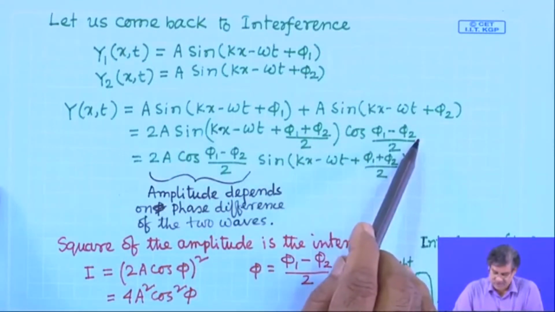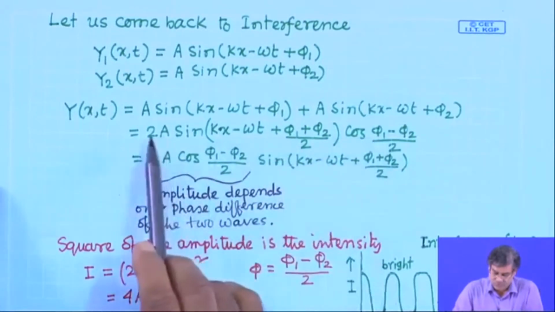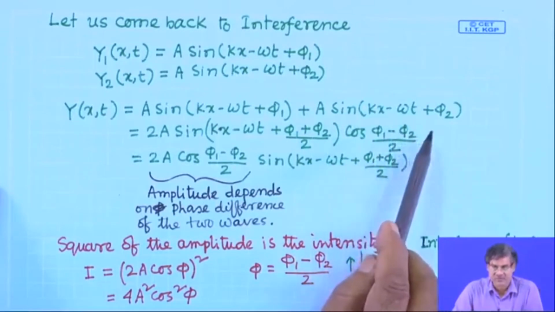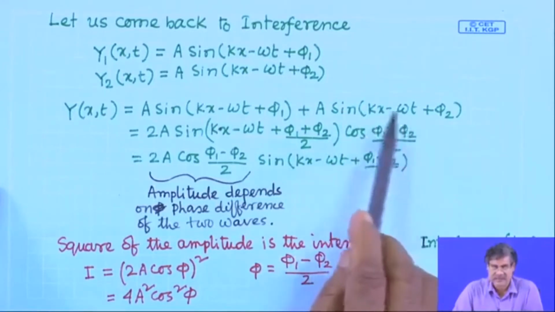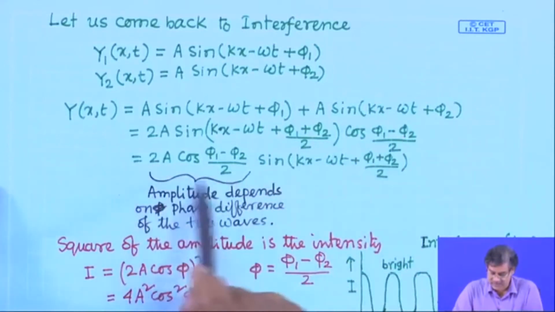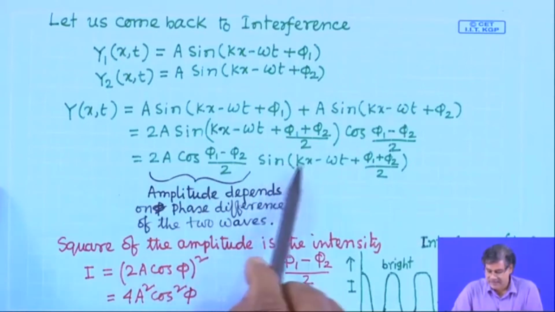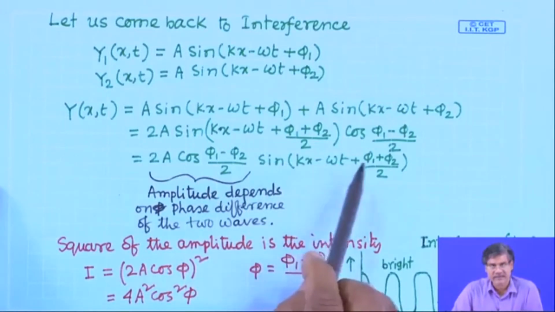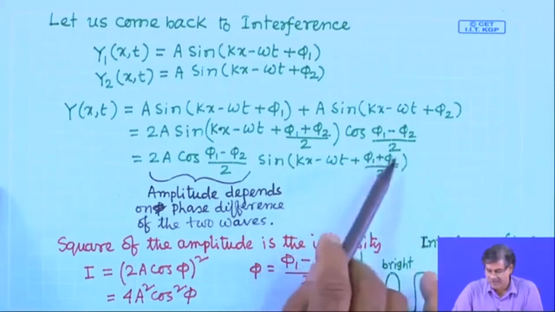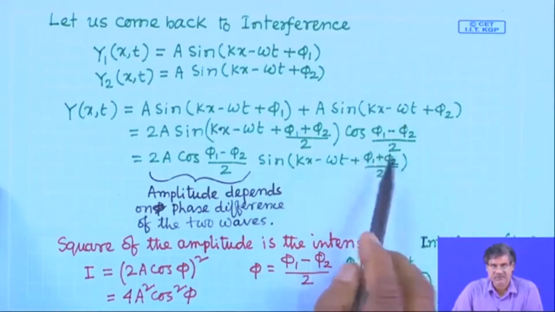Okay. So, 2A cos((phi 1 minus phi 2) by 2), there is no x and t term here. So, this we can take as the amplitude, times sin(kx minus omega t plus phi), okay, phi 1 plus phi 2 by 2. So, this is one phase.